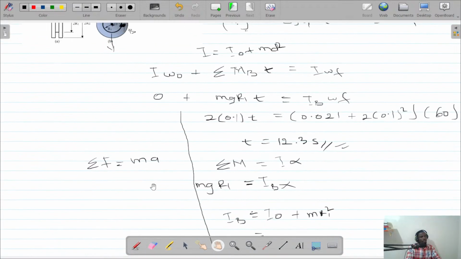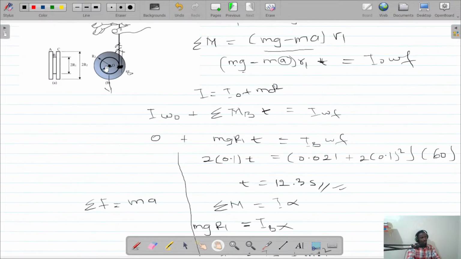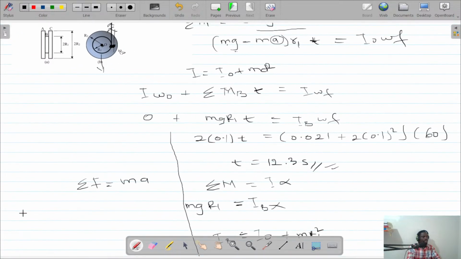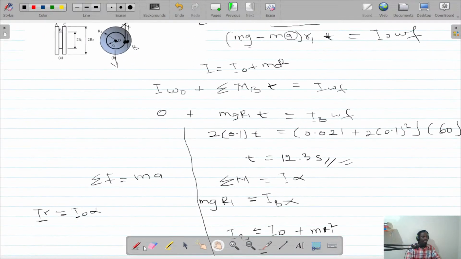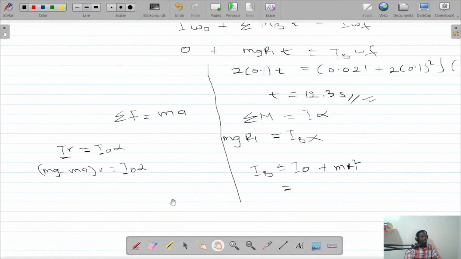Over here, if we take the moment of inertia about the center, then it's going to be TR equals I naught alpha, and the T was this. So we can see mg minus T is equal to I naught alpha, and this R is R1, don't forget that.